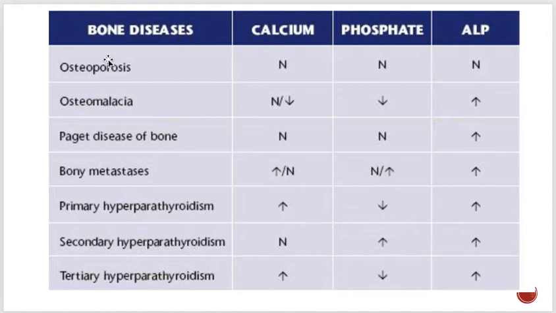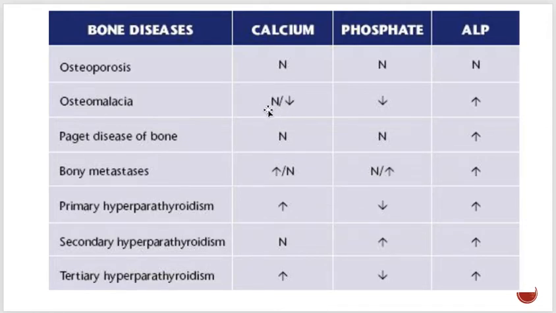Okay. On the other hand, if you see over here in osteomalacia, which is decreased bone mineralization, what is happening? See, the calcium can be normal or can be low. But when the calcium goes low in the serum, what will happen? The PTH will be released, and when the PTH is released, of course, it is going to raise, or bring back, the level of the calcium in the serum towards normal, right?